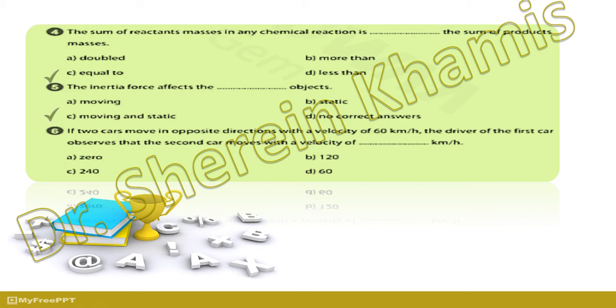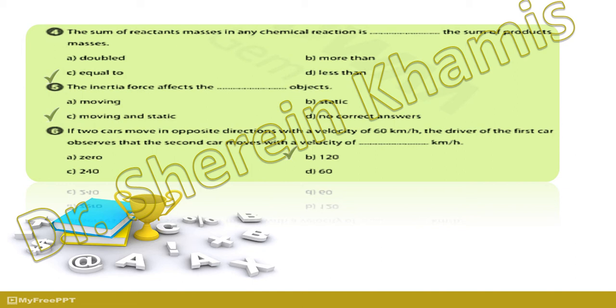We have here opposite directions. One comes in one direction and the other in the opposite direction. So the first one will be 60 kilometer per hour, but in the opposite direction. So the second one will be what?